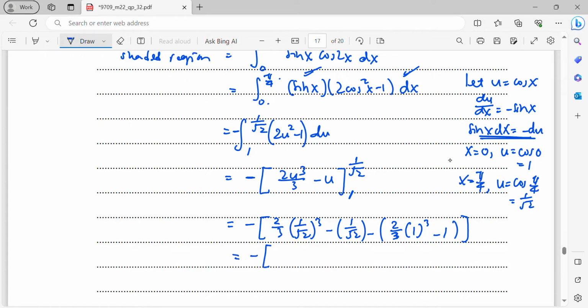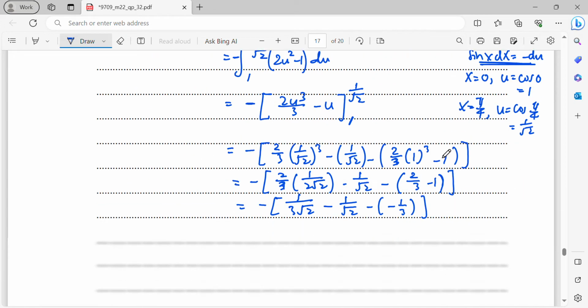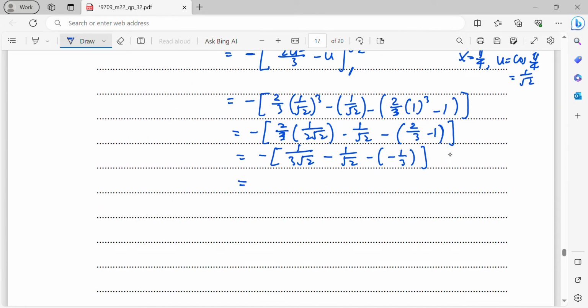So it will be negative of 2 over 3, this is 1 over 2 root 2, minus 1 over square root 2, minus, negative 2 over 3 minus 1. When you simplify, it will be negative of 1 over 3 root 2 minus 1 over square root 2, minus 2 over 3 minus 1, which is negative 1 over 3. Okay, let me check the working first.